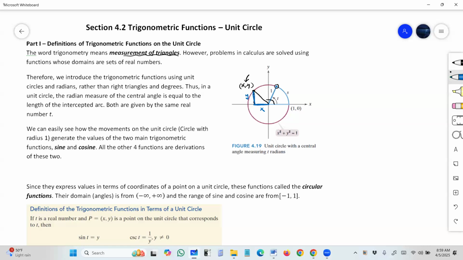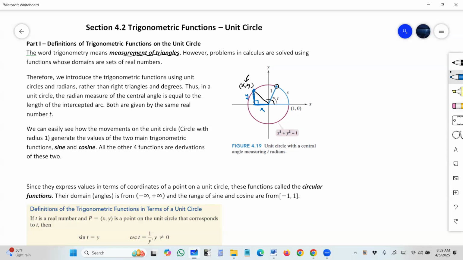And as you can see, every location on the circle is going to form a right triangle. And that's where the word trigonometry comes from, or these trigonometric functions. They come from the study of these triangles. But for now, we're just going to be concerned with the movements along the circle.